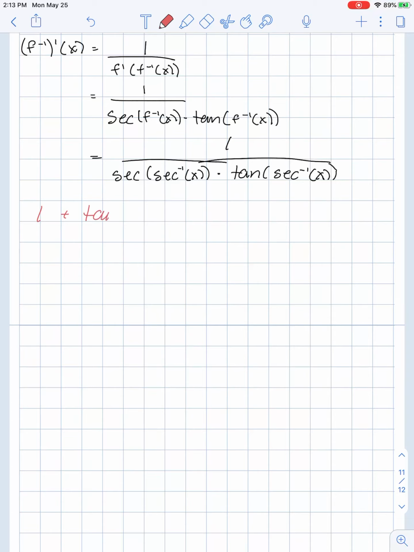So we had 1 plus tangent squared. Subtract 1 on both sides, and take the square root.